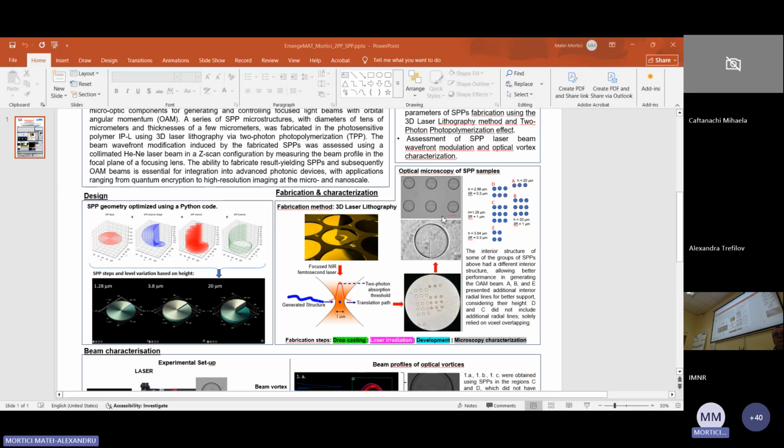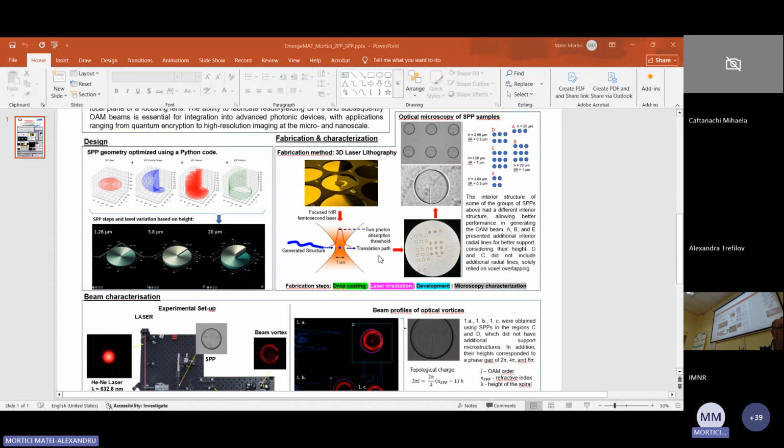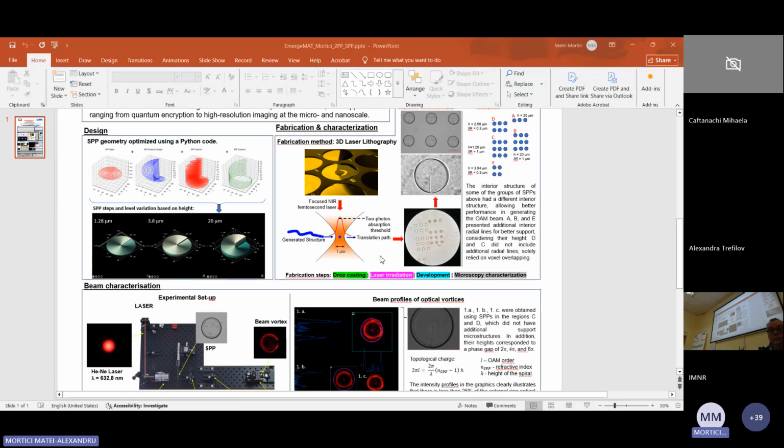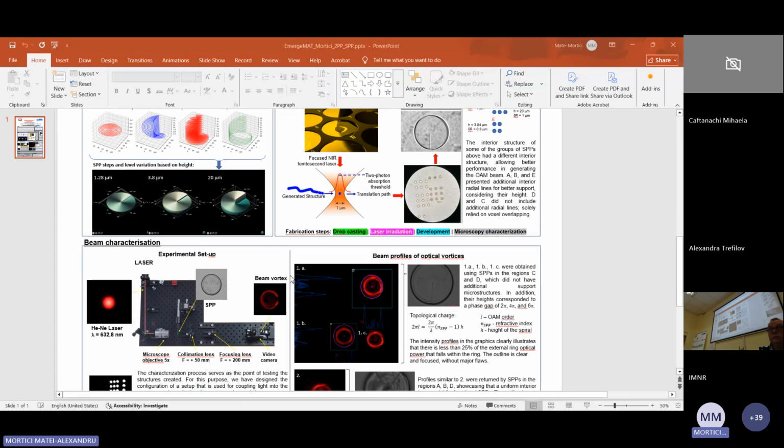We used various exposure parameters, such as the laser power or exposure time. These parameters were optimized to ensure both surface smoothness and structural stability. After writing, the samples were developed and were microscopically assessed. Afterwards, we performed some optical testing by illuminating the samples with a laser beam and observing the resulting intensity patterns in the far field, as shown in the images.